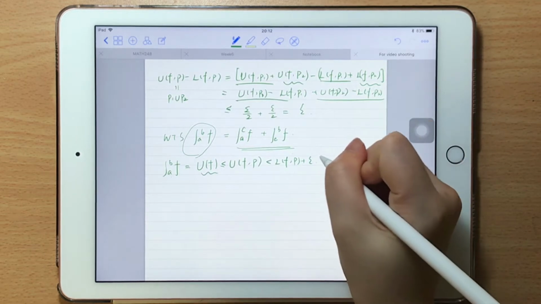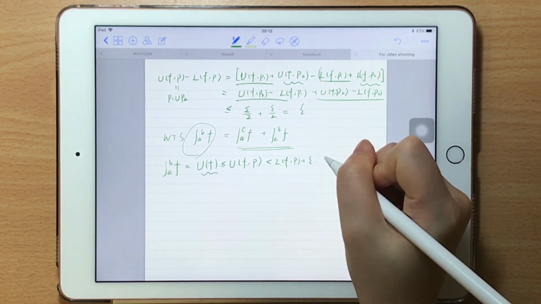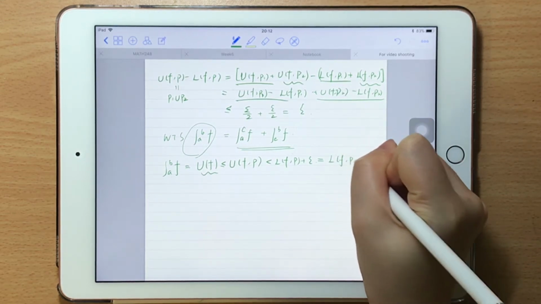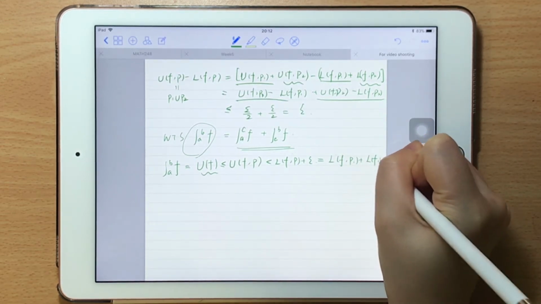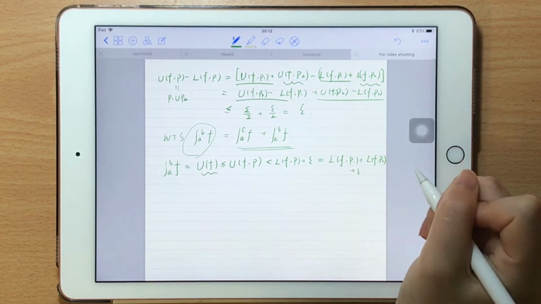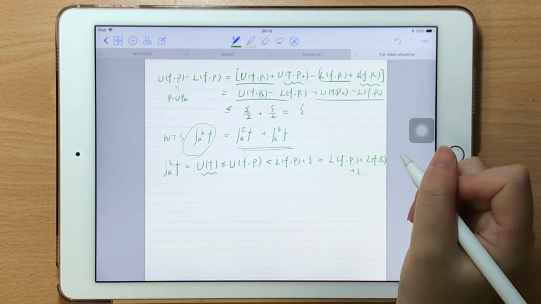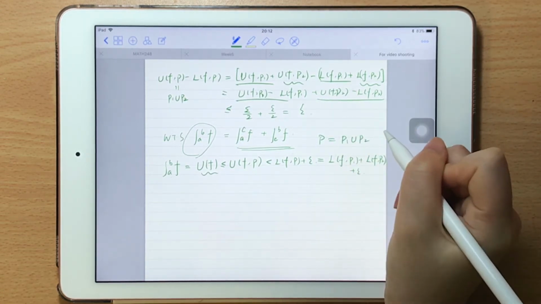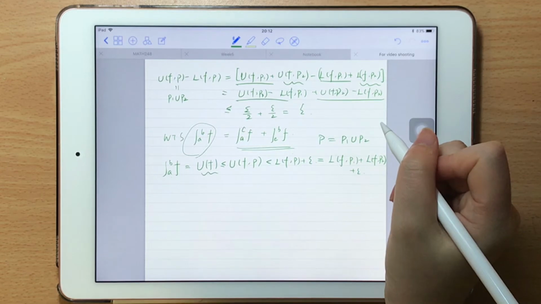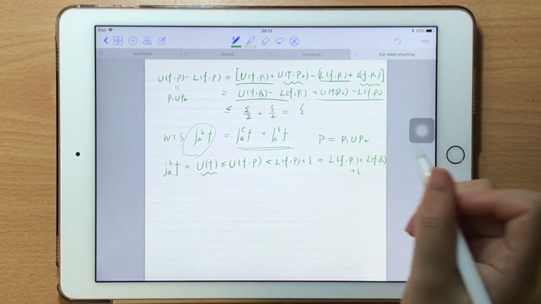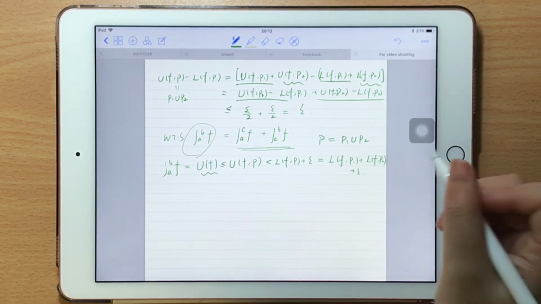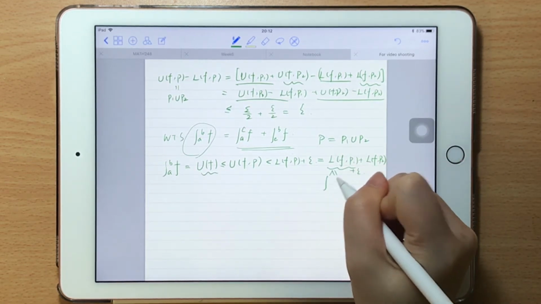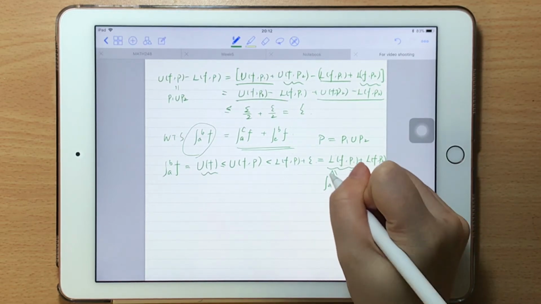Well then, L of P plus epsilon is actually equal to L of P1 plus L of P2 plus epsilon, right? Because P is the union of P1 and P2. And if we go further, we will see that L(f,P1) is smaller than what? The integral of f on AC, right?